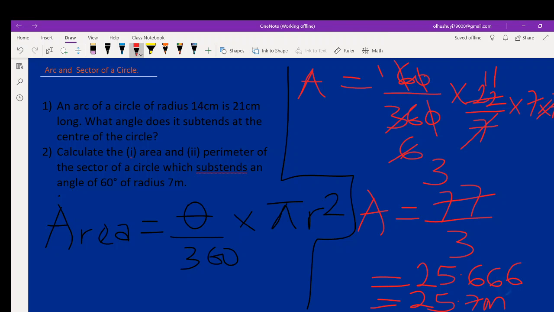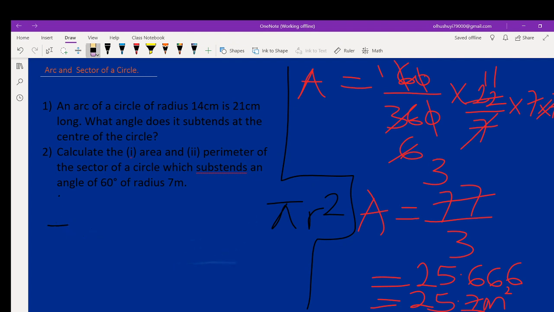Your area should carry meters squared. Don't forget that, please. So this is what we have: 25.7 meters squared. The area of the sector is that.